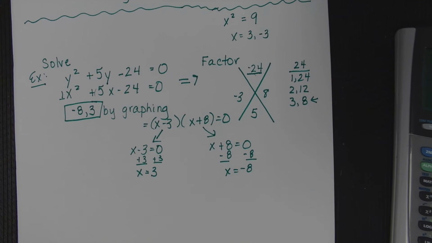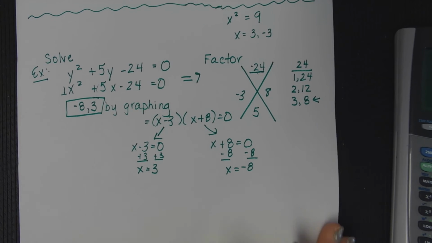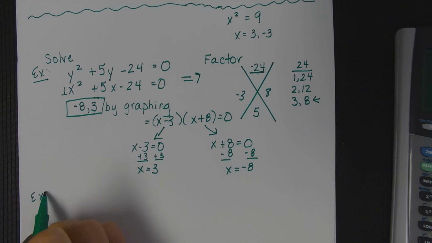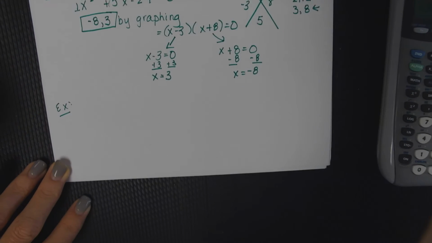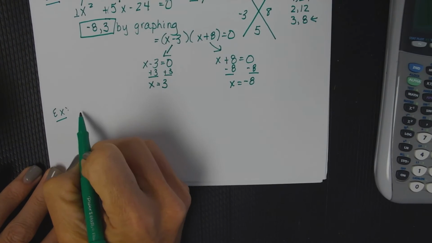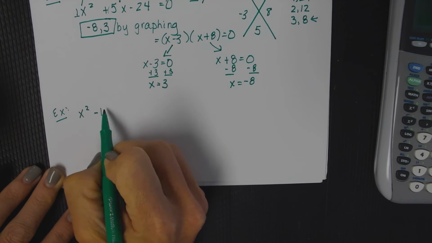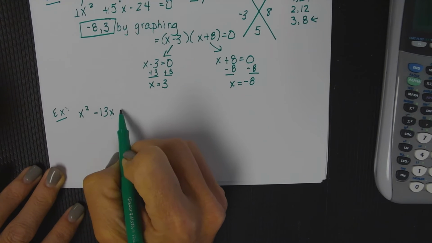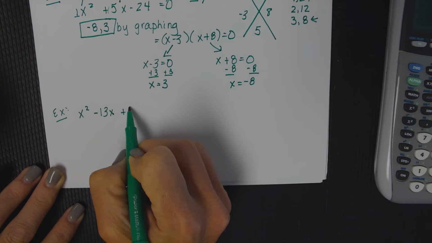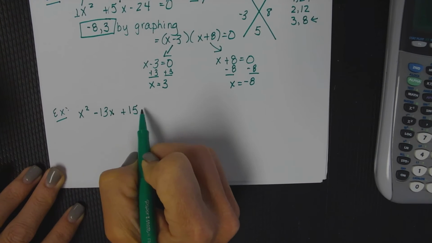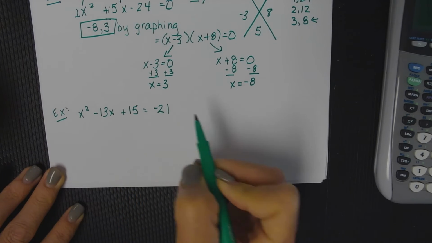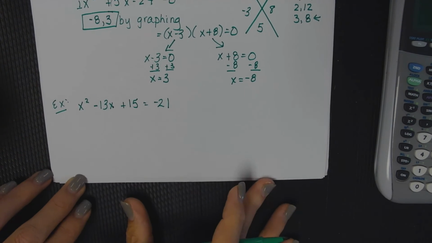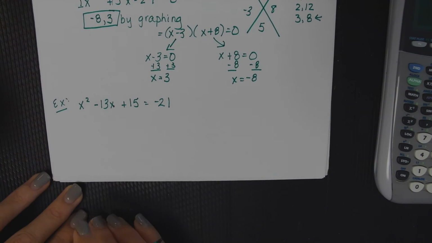Going back to factoring, let's do another one. You're going to do this one by yourself. X squared minus 13x plus 15 equals negative 21. This one should look bad, I should say.